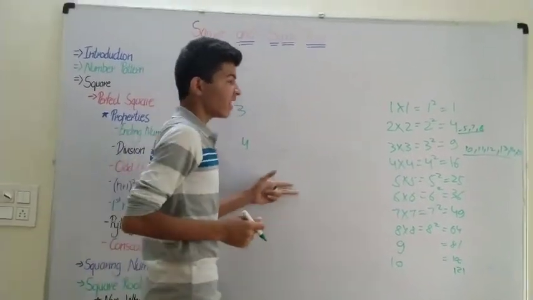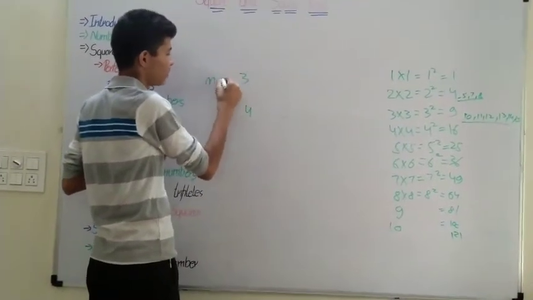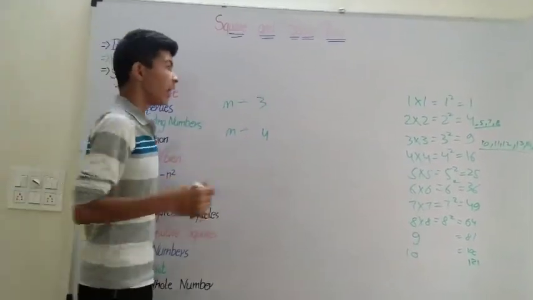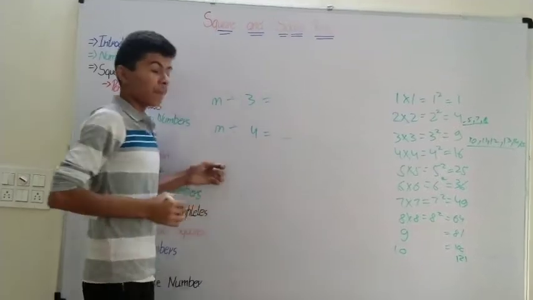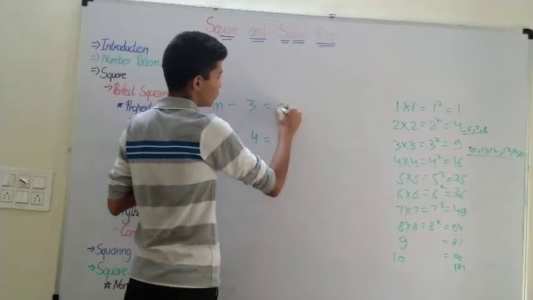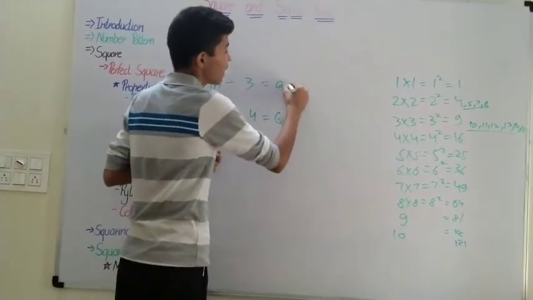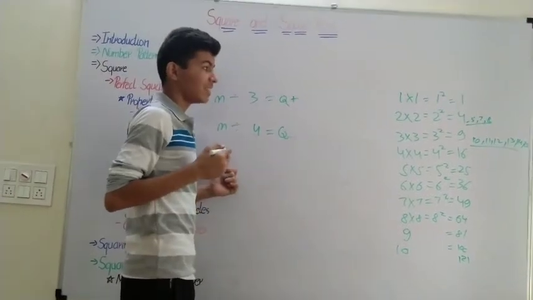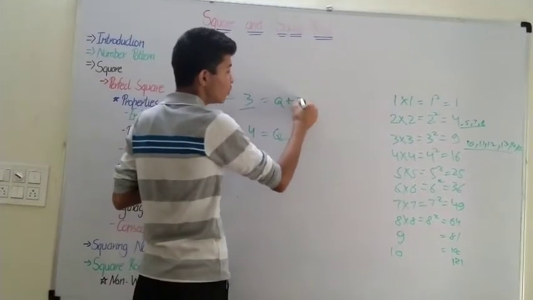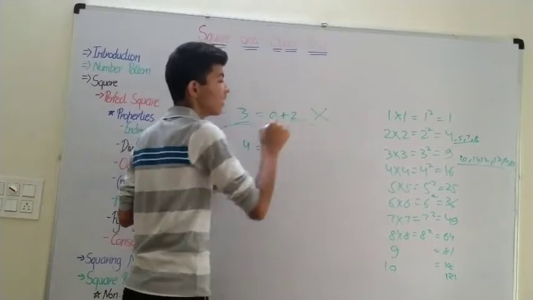If you divide a number n by both of these, just like we have a quotient q in both scenarios, in this case, if the remainder in the case of 3 is 2, then this number is not a perfect square.